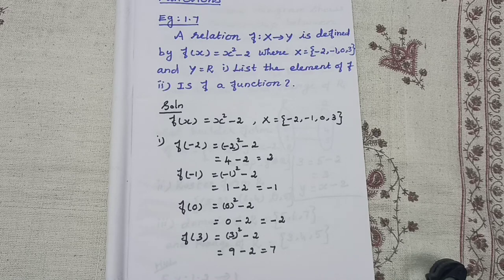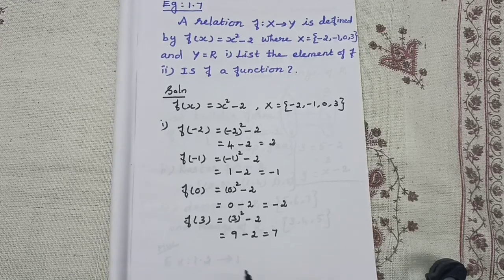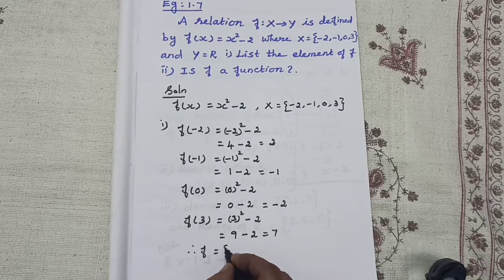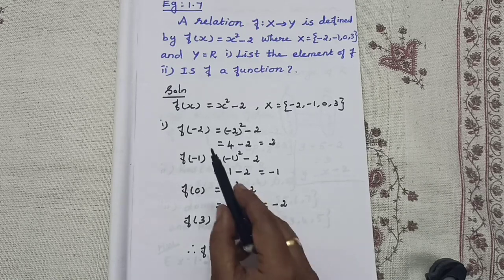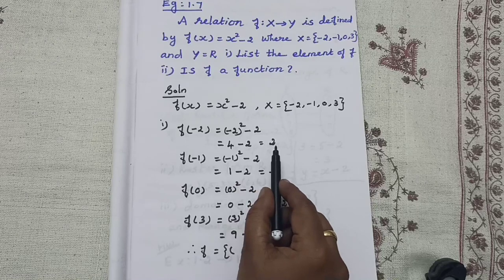Now shall we write the elements of f? Our first question is, list the elements of f. Therefore f is equal to the set of the elements. When x is minus 2, f of x is 2.